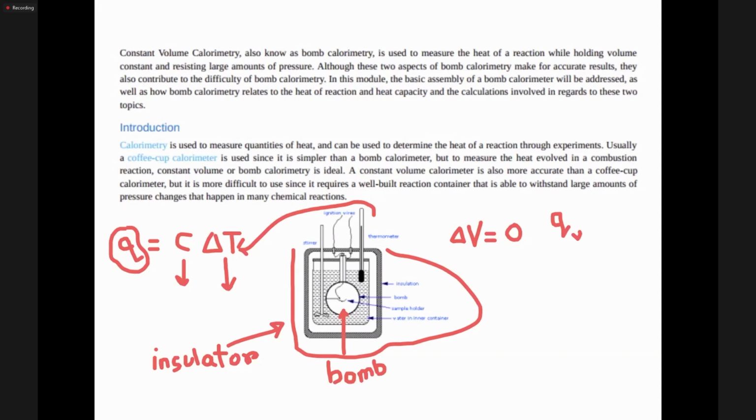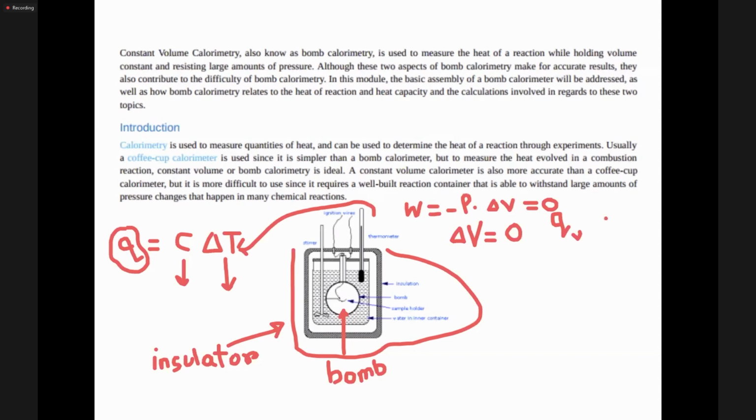Since there is no change in volume, there will be no work done, because W, that is work done, is nothing but minus P external into delta V. And since delta V is equal to 0, W will be equal to 0.